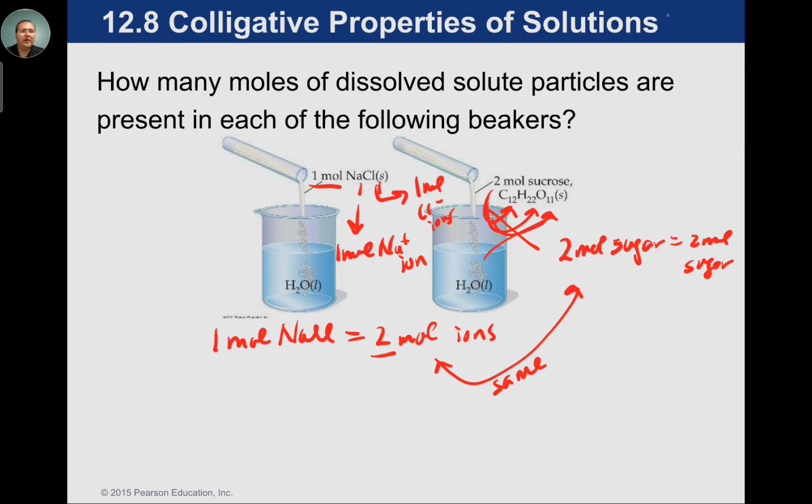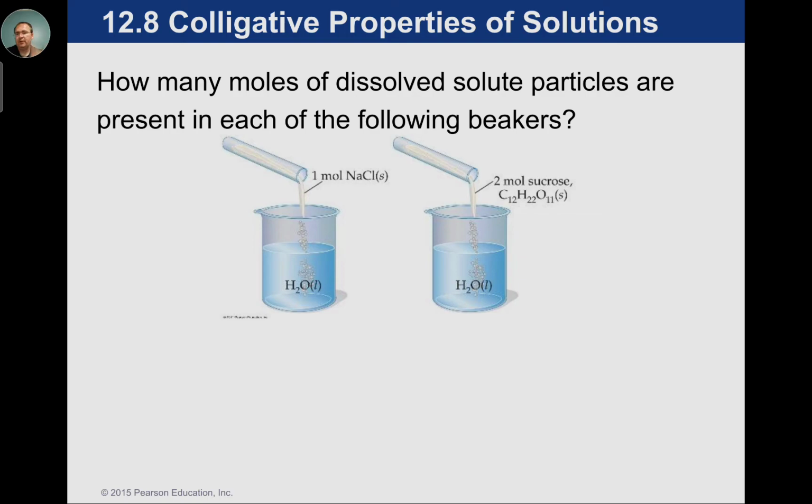But what's important about this idea of which one is actually better is moles. Since it's 2 moles to 2 moles, that's great. But if you're filling a dump truck full of sodium chloride versus sugar, what you'll notice is this will be 12 times 12.01 plus 22 times 1.01 plus 11 times 16.